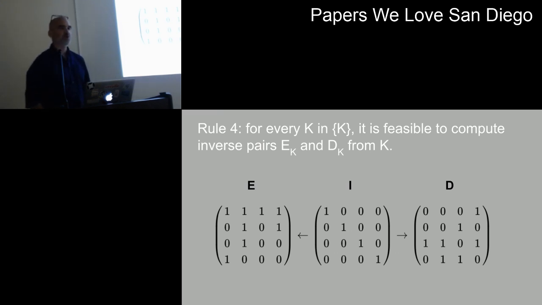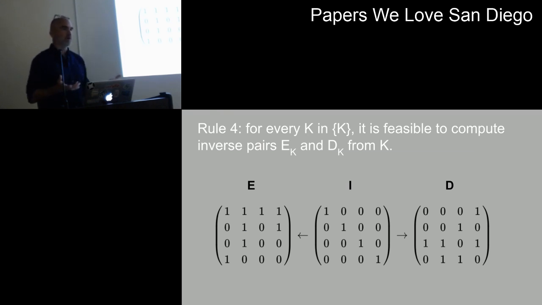Rule 4 is that there has to be a relatively easy way to create both EK and DK at the beginning. If it's easy to get one but extremely hard to get the other one, or vice versa, then that's not a particularly good system to use.